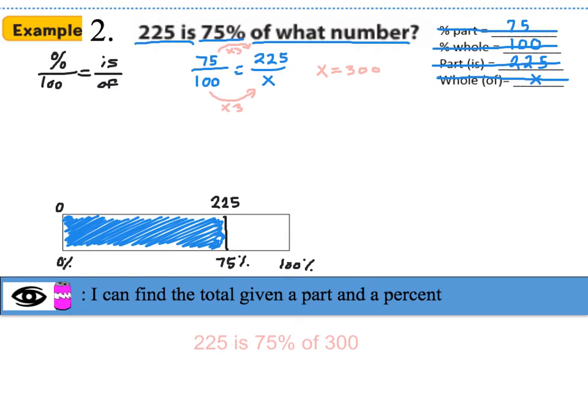So the region that I shaded shows what 75% looks like out of 100. We know that the total was 300 because we did the proportional work above. So notice our answer, 300, is bigger than 225 because 300 is the whole amount and 225 is the part.